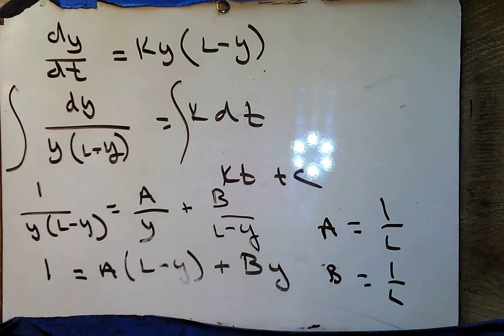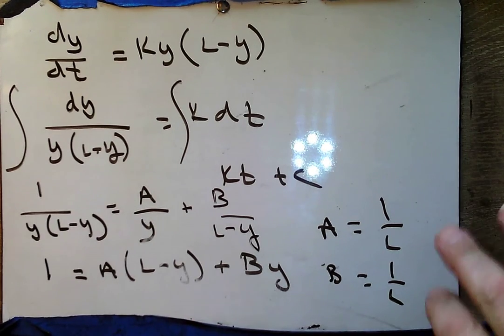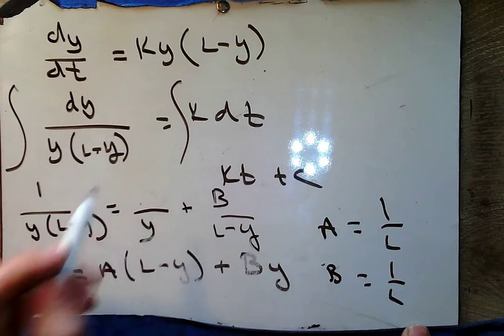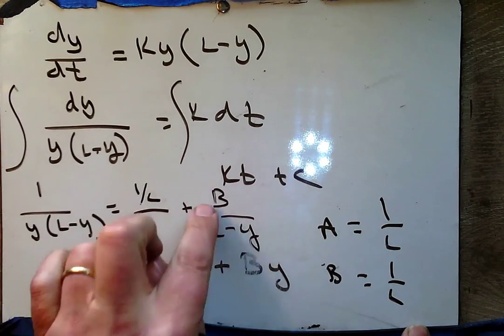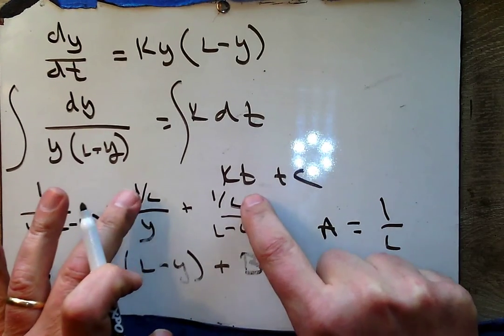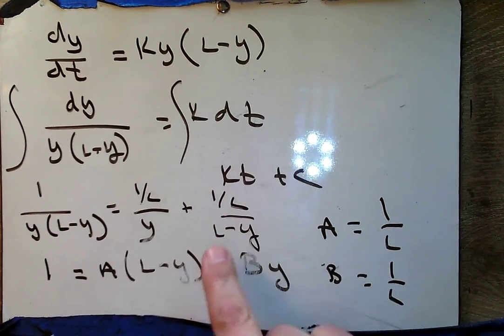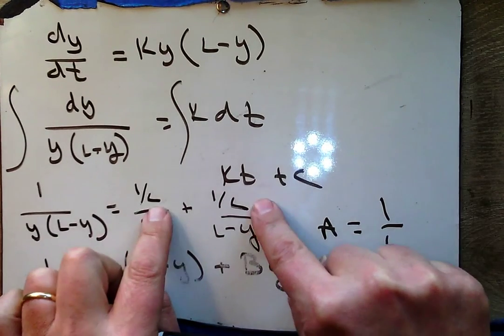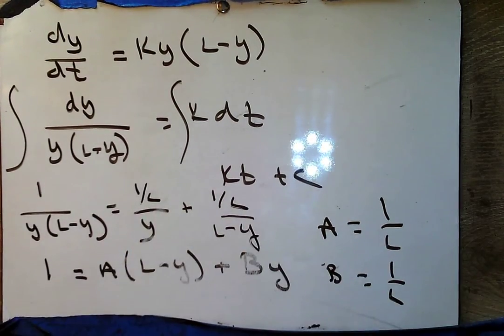Nice? Okay. So now we're ready to go back to here and say that A is 1 over L and B is 1 over L. L is a number. L is a number. These are variables. L is a number. Okay, now how does this help me?